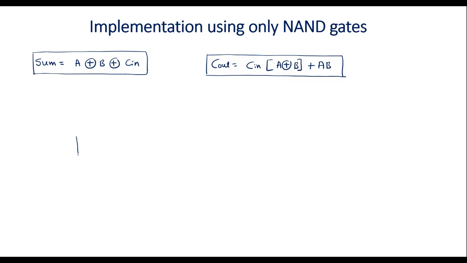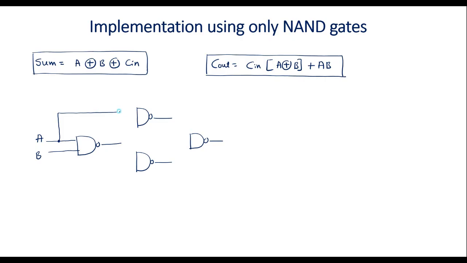So take one NAND gate like this, one NAND gate here, one more NAND gate here, and one NAND gate here. For the first NAND gate, let the inputs be A and B. A is connected to one input of this NAND gate, and B is connected to one input of this NAND gate.